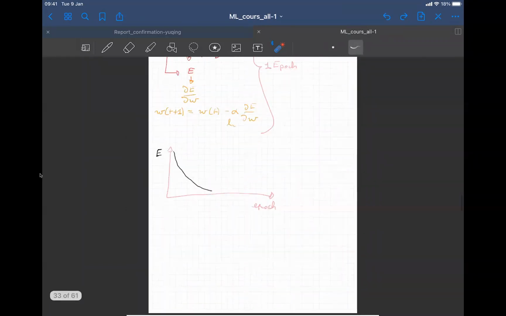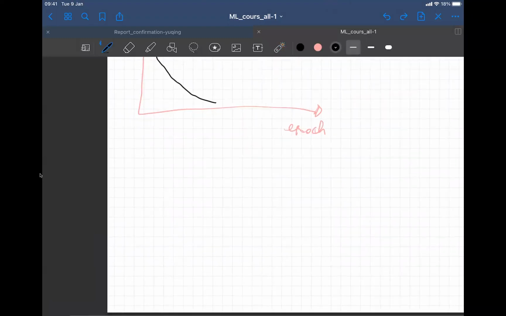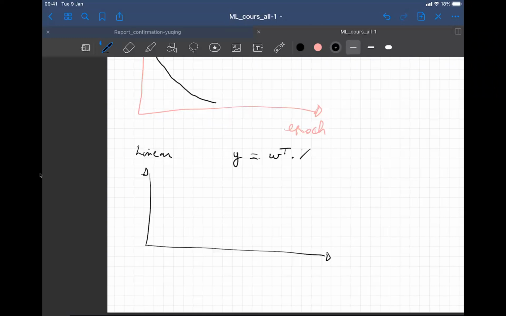So linear regression is the idea that you have a linear model. I have shown you before that y equals W transposed times x.